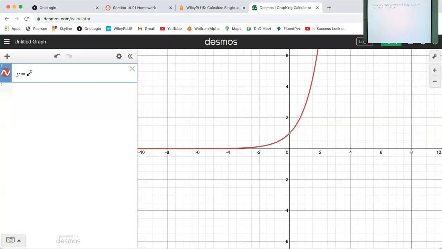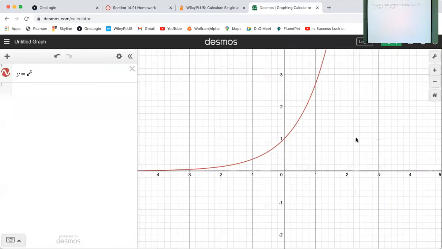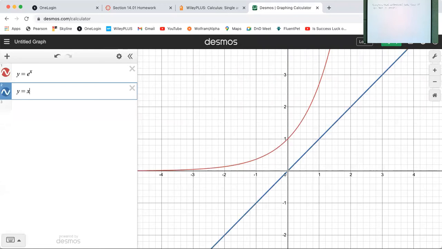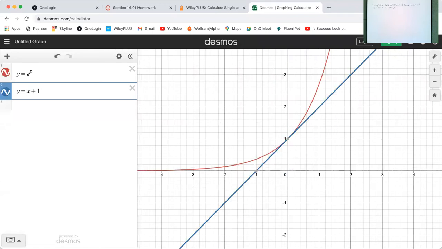So here's our graphing calculator. And I want to look at the function y equals e to the x at the point where x is equal to 0. We know the tangent line is y equals x plus 1, with a slope of 1 and a y-intercept of 1.